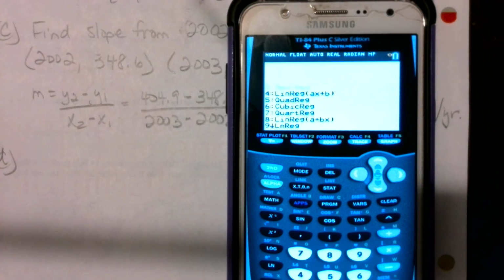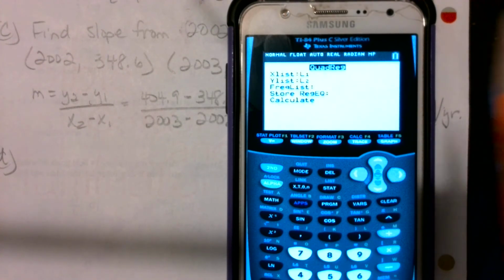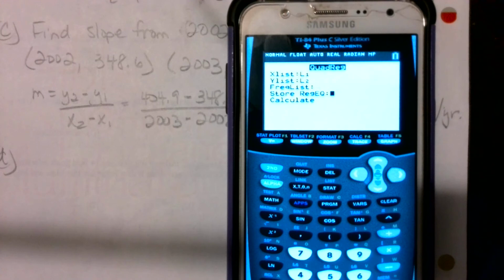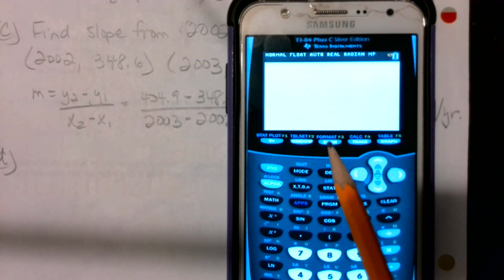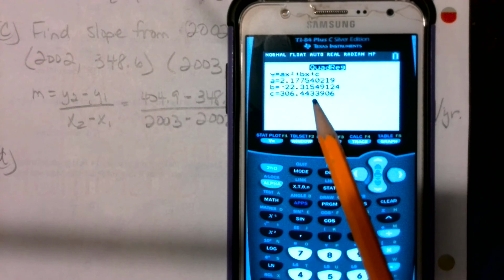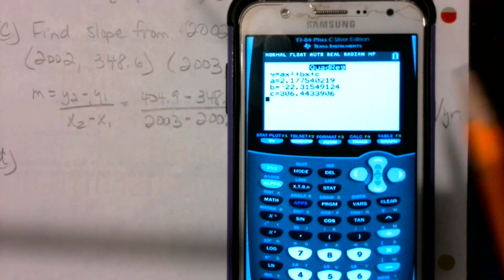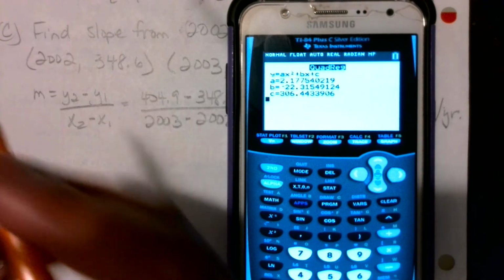So you press 5. And X is in L1, Y is in L2. So you calculate it, and here is your A, B, and C for your equation.